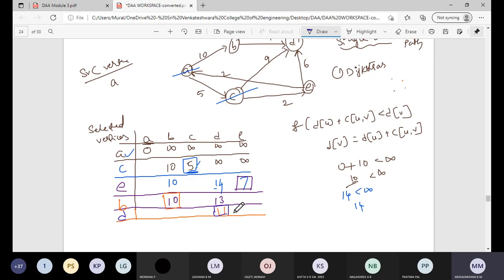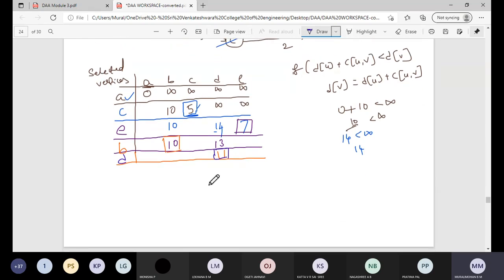Now you write the distances from A to B. What is the distance from A to B? Ten. A to B, so it is 10. Right, very good. What is the distance from A to C? 5, sir. 5, very good.